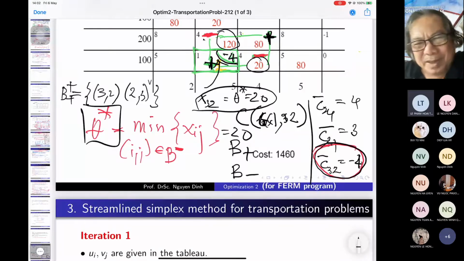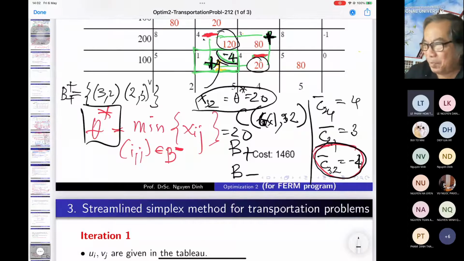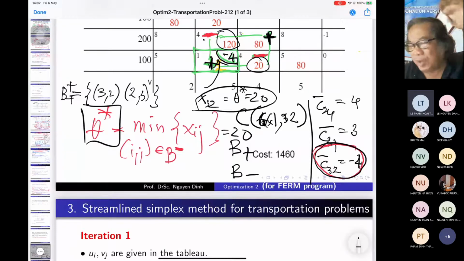So what does it mean? It means that in this case, if you move to this, the maximum possible is 20. Then the cost will reduce: 20 multiplied by minus 4 is 80. The cost will reduce by 80.